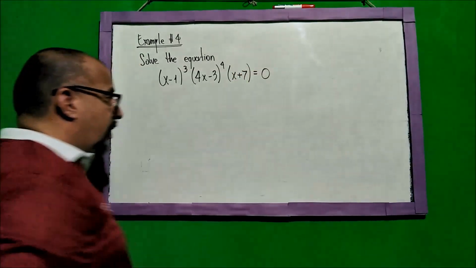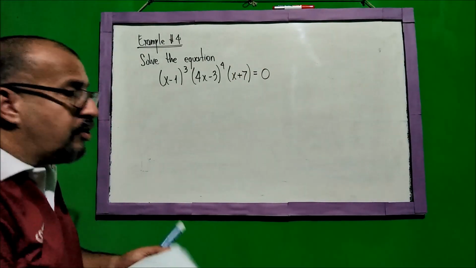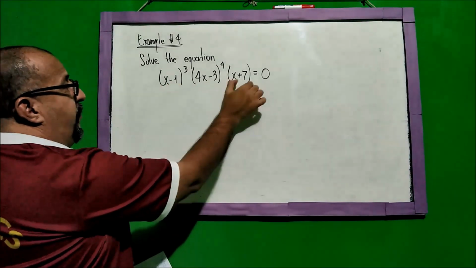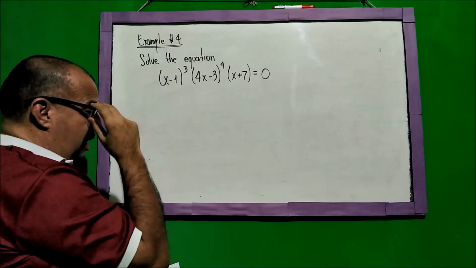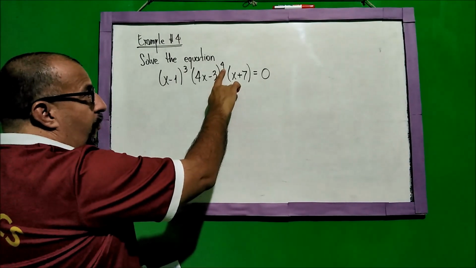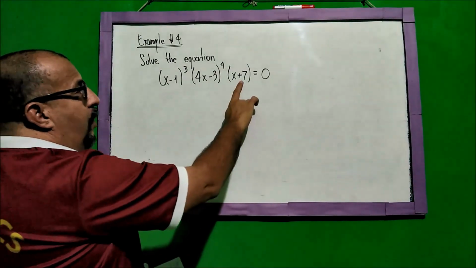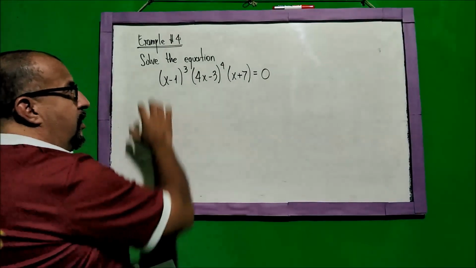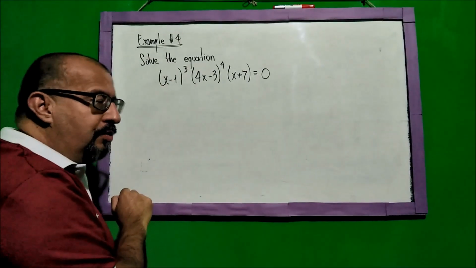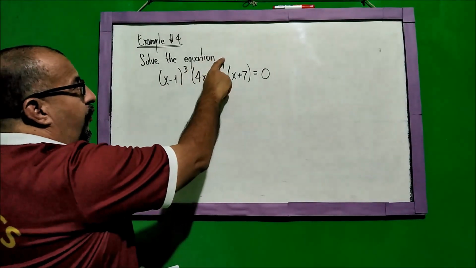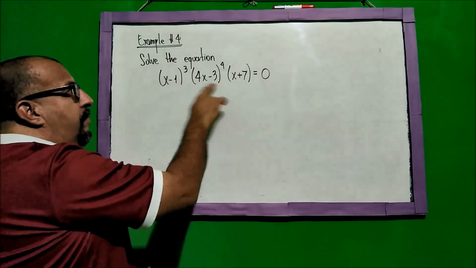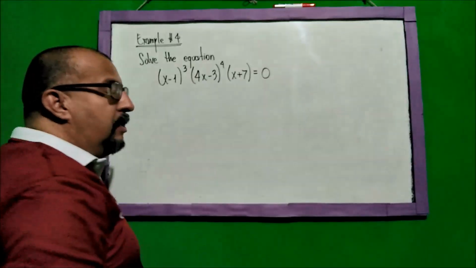Now, if you consider that situation that we have in here, what we have is 3 factors that are x minus 1, 4 factors that are 4x minus 3, and 1 factor that is x plus 7. So this polynomial equation has 8 possible solutions. 3, 4, and 1. With the advantage that some of them are going to be repeated and this one that is going to be single.